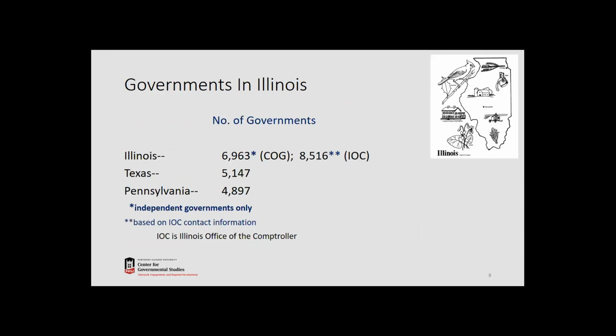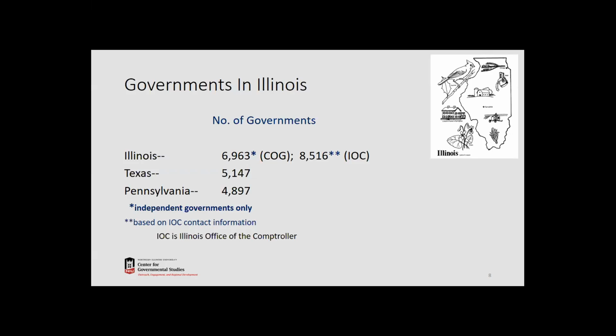So if you look at the governments in Illinois, if you look at independent governments, those that can make independent decisions, we're looking at almost 7,000 by the Census of Governments count. This was 2012. If you look at the Comptroller's Office, we're at about 8,516.